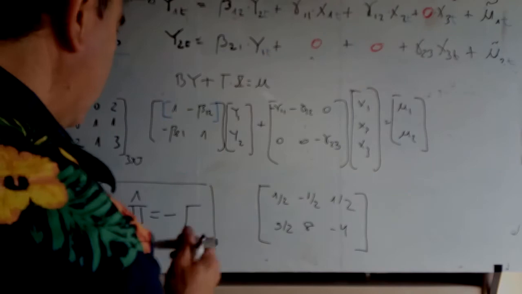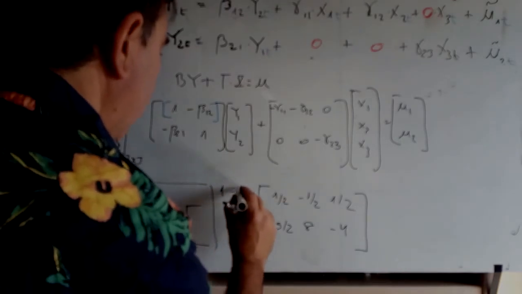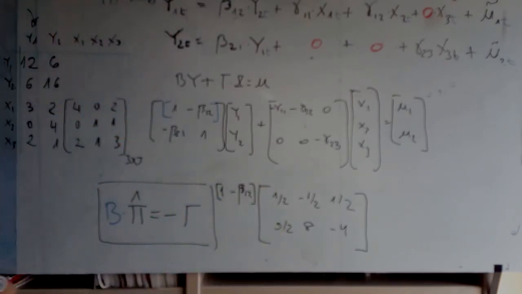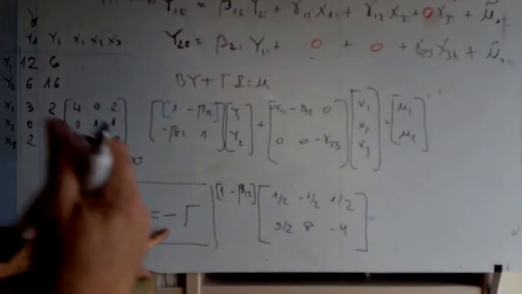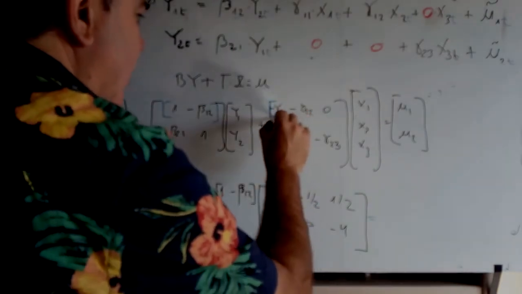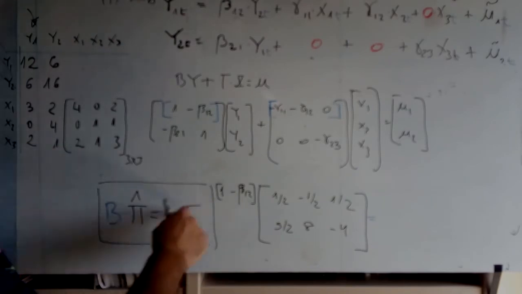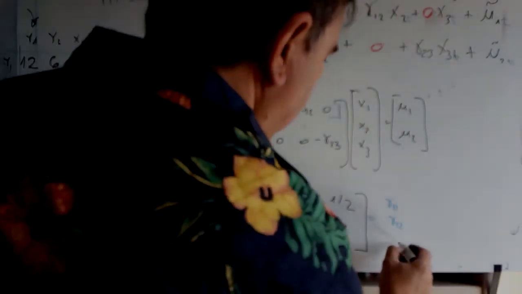So what I can do is multiply this by 1 and minus beta 1 2 on this side of the equation, and on the other side just take the first row again of this structural model, but the minus gives us gamma 1 1 positive, gamma 1 2 positive, and 0.